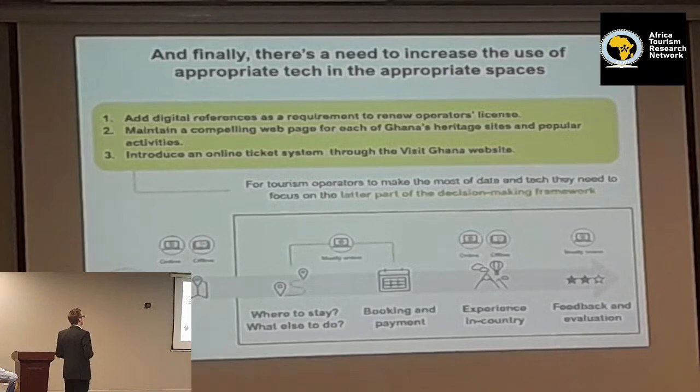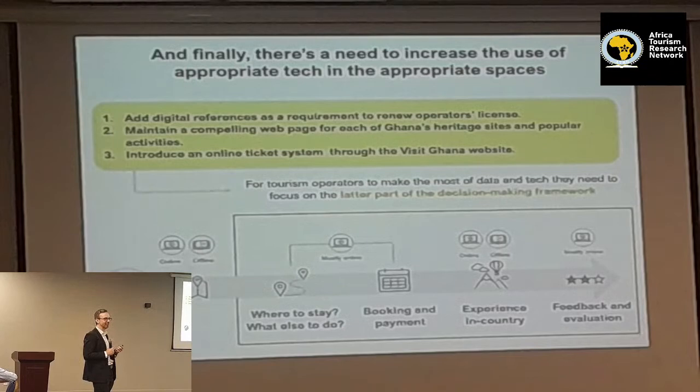We also need to ensure that there is a compelling web page for all of Ghana's heritage sites and popular activities. That most likely sits with Visit Ghana, so with the GTA. And they have this for a number of the key heritage sites in the country. So I don't want to suggest that this doesn't exist to an extent, but not all key sites are listed on the website currently. And I think we need to be quite certain that the site is maintained.